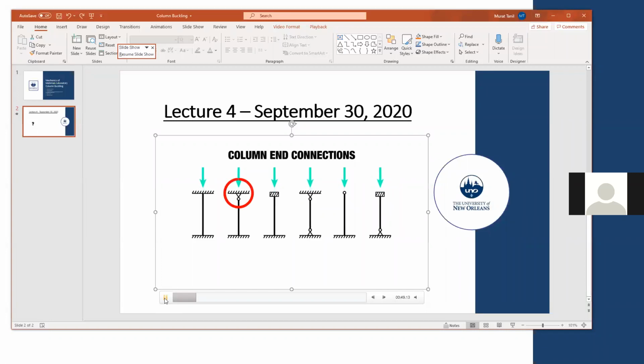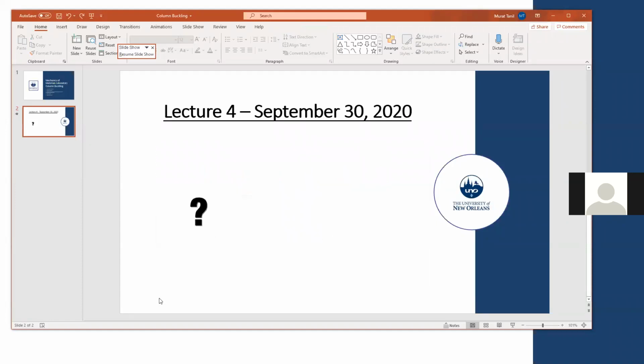Then we have pin and fixed right here. This one has one free end at the top and fixed at the bottom. And then you have fixed for rotation and free for translation, and pin at the bottom. These are the ways that they will buckle in the case of failure in simulations.